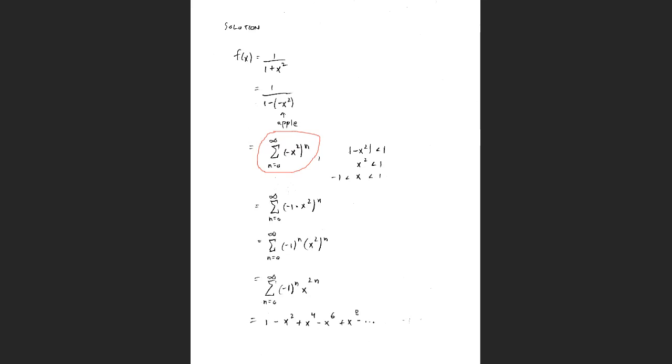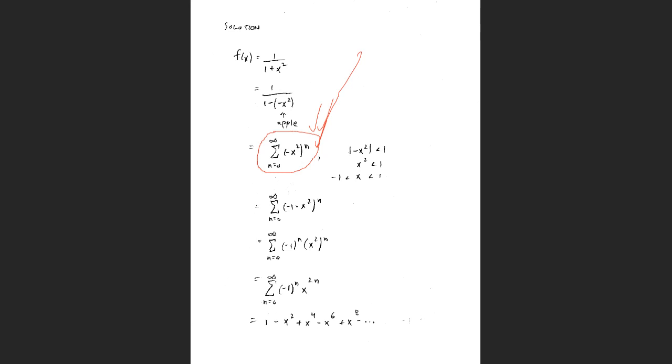And keep in mind the interval of convergence. Because this is a geometric series, what is my common ratio here? What is the common ratio in that geometric power series? We know not all series are geometric power series. This one is.